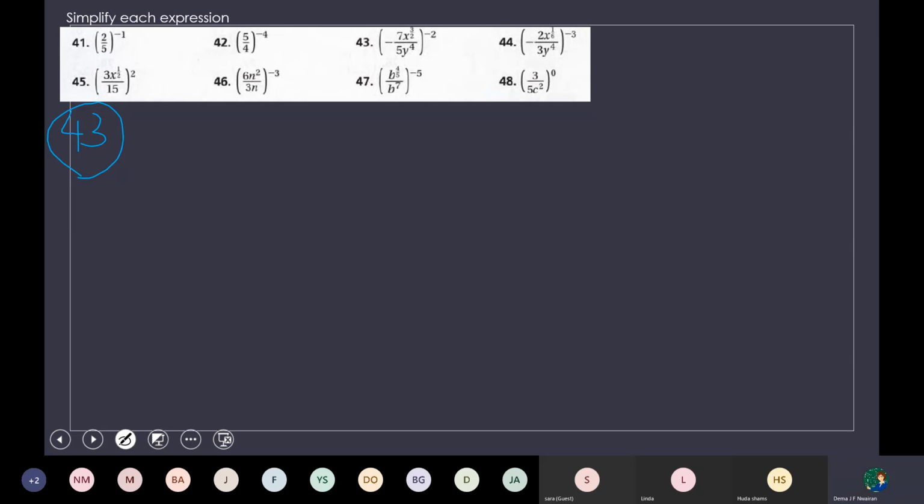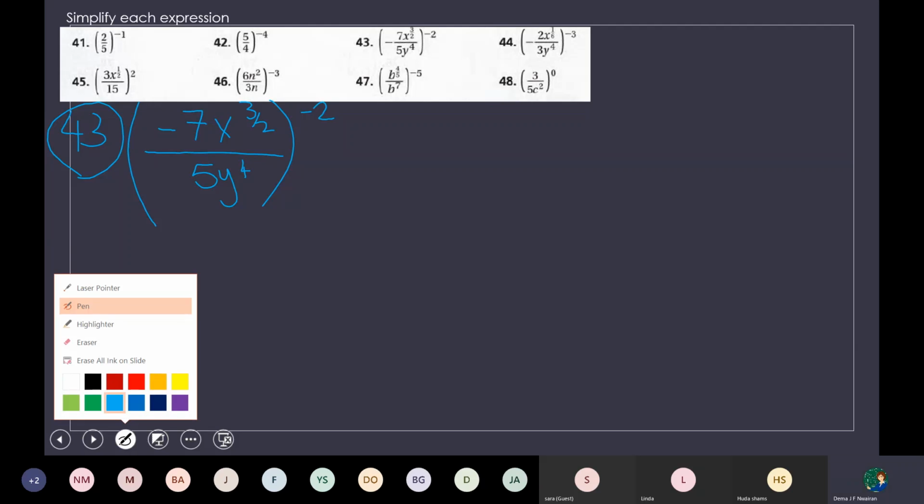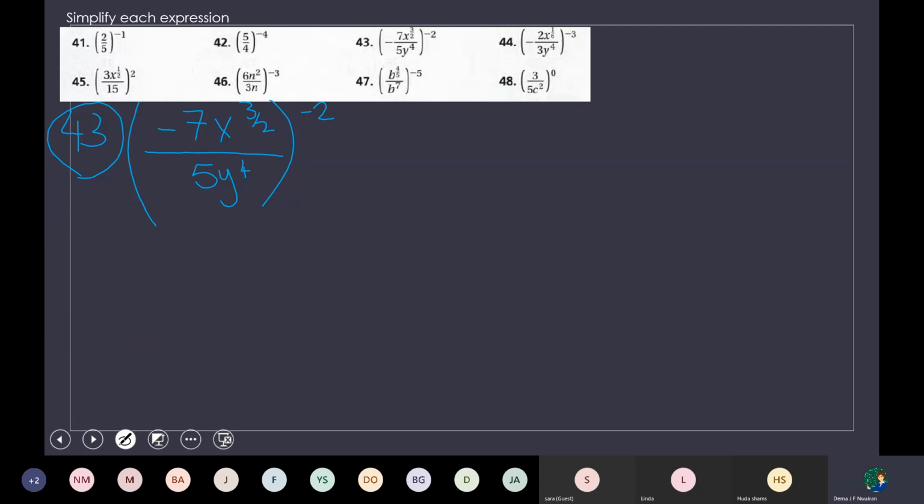Here now you have negative 7x raised to the power 3 over 2 over 5y raised to 4. And they are raised to the negative 2. And then, as we said yesterday, if we have a negative power on a quotient, just write its reciprocal.